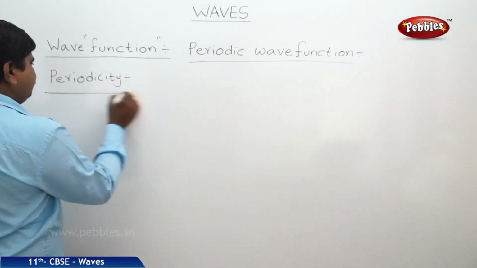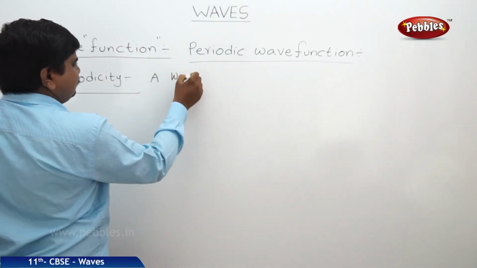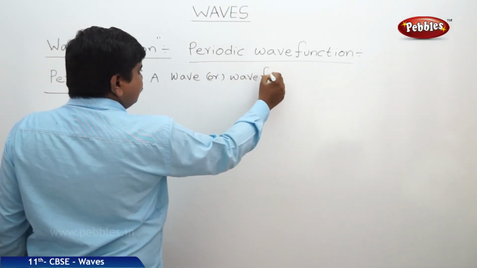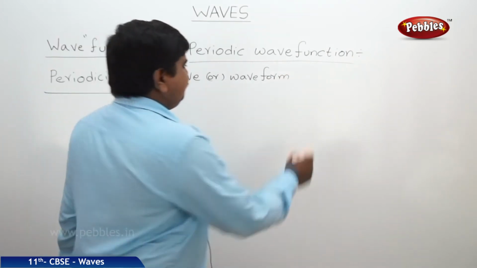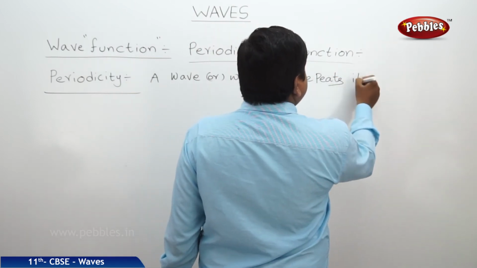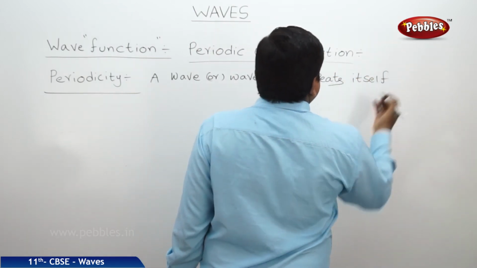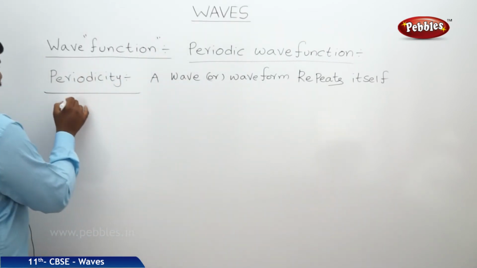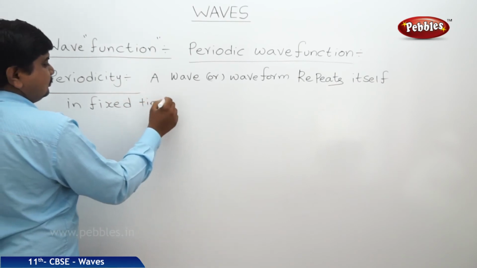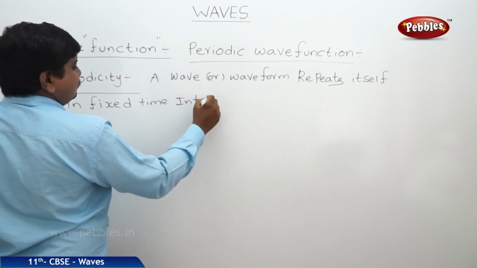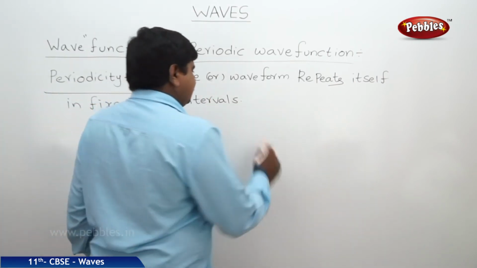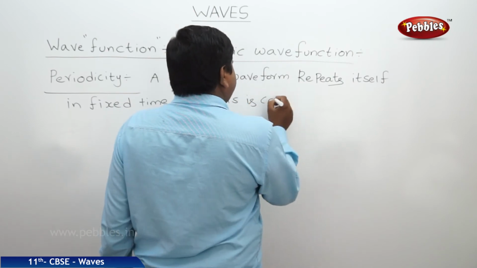So a wave or waveform that repeats itself in fixed time intervals is called a periodic wave function, or a periodic wave.